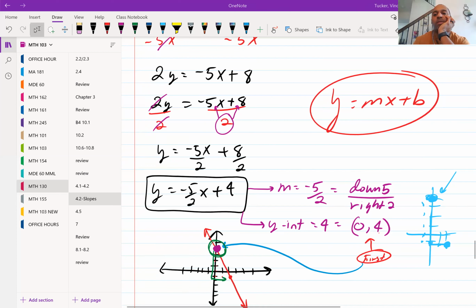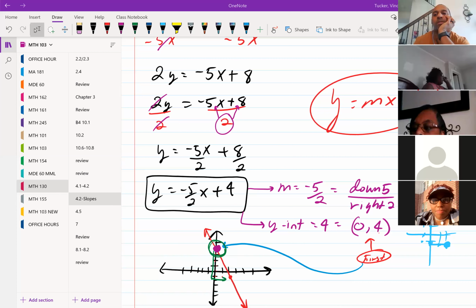Hold on, that was still 4.2. Yep, that was 4.2. I think you guys got 4.3 in here. And of course, math lab. That was just graphing. Yep, section 4.2. You know what the name of that section is?